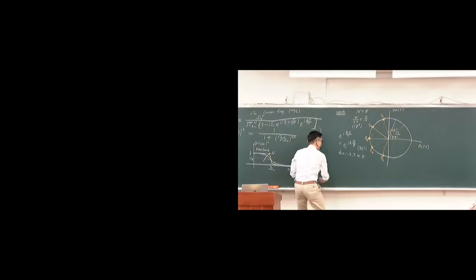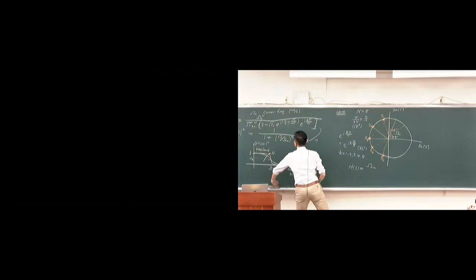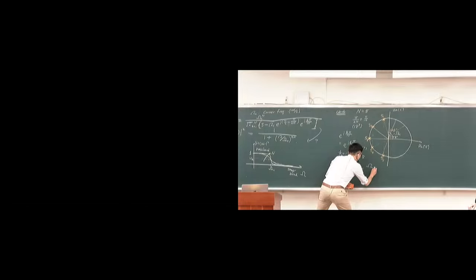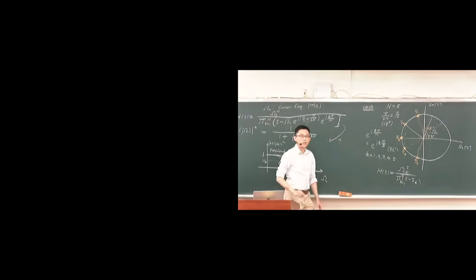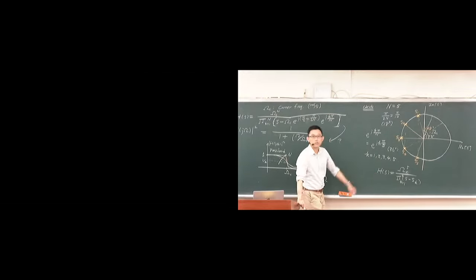Now H of s is the same constant, actually, let's say omega c to the 5th power divided by the product of s minus sk, where k goes from 1 to 5. Can you agree on that? S1, 2, 3, 4, 5 are just right here. So we have this expression for the transfer function.